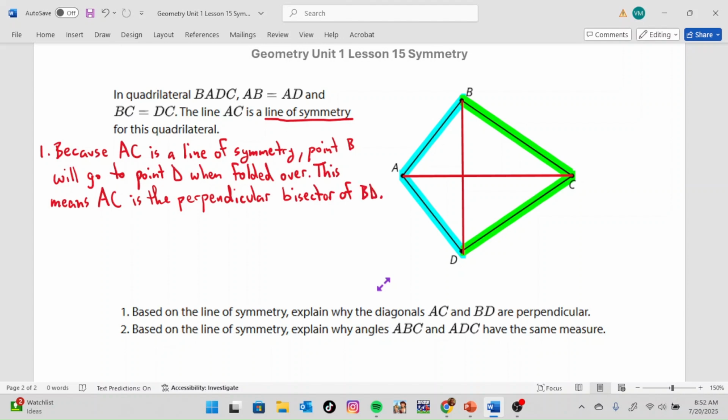And if AC is the perpendicular bisector of BD, this means AC and BD must be perpendicular.